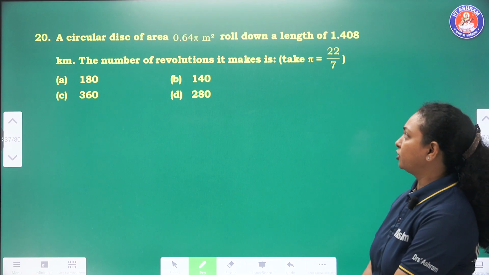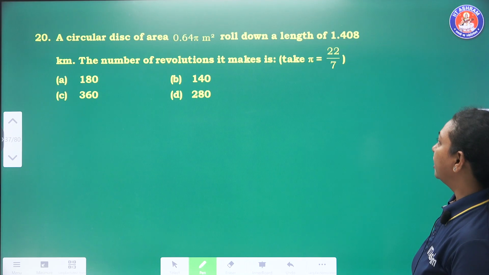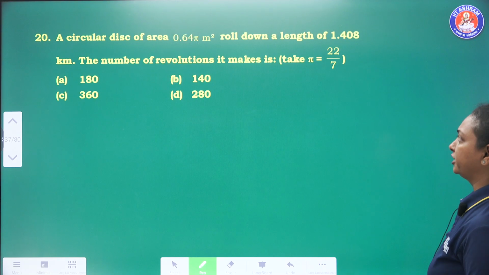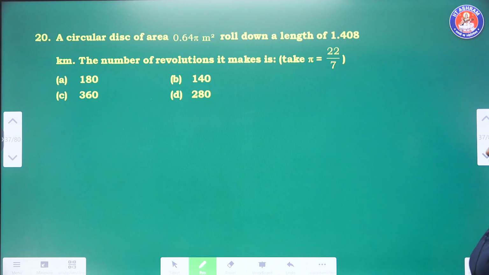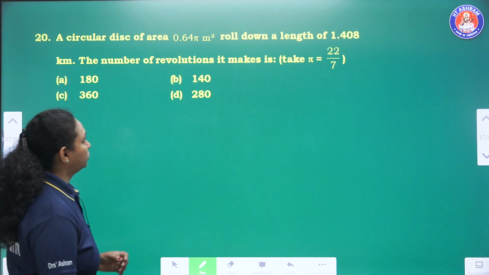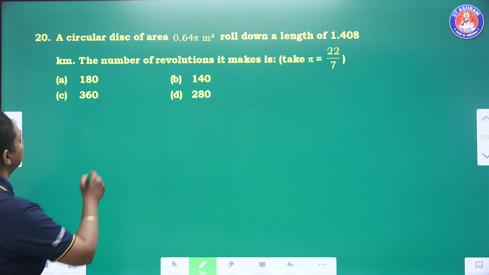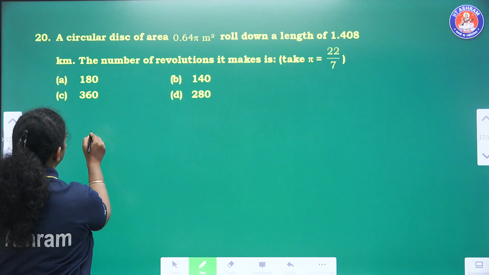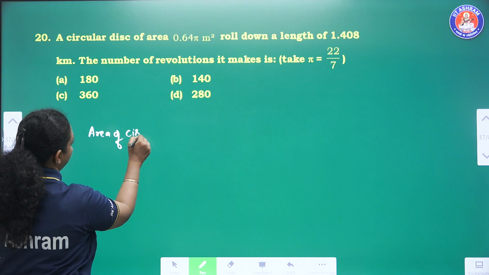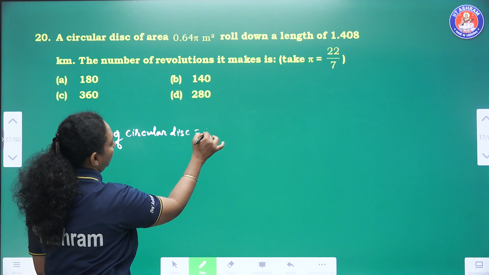A circular disc of the area 0.64 pi meter square rolled down a length of 1.408 kilometer. The number of revolutions it makes is, okay, we have to find how many revolutions take place. So first of all, we are going to find what is the radius of it. Area of circle, what is the formula?